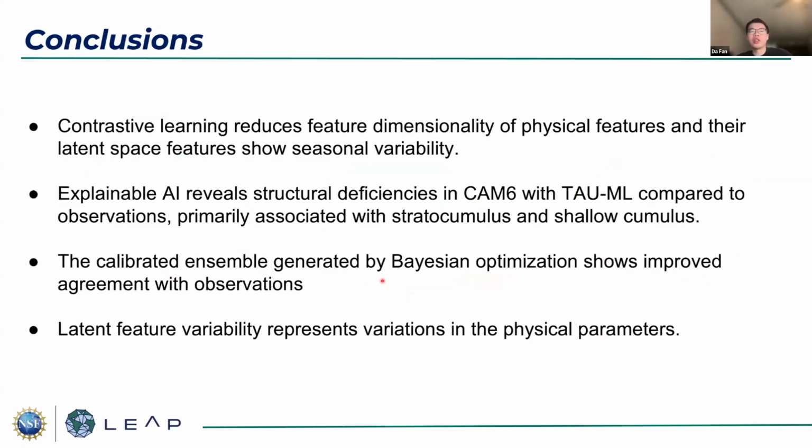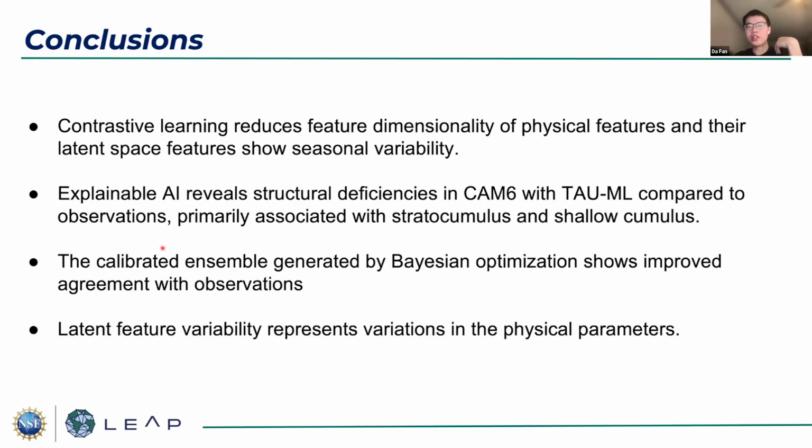Okay, in conclusion, we designed a contrastive learning model to reduce feature dimensionality of physical features, specifically including cloud liquid water path and shortwave cloud radiative effect. And their latent space features show seasonal variability. And we apply explainable AI to the latent space distance to reveal structural deficiencies, which we found are primarily associated with stratocumulus and shallow cumulus.